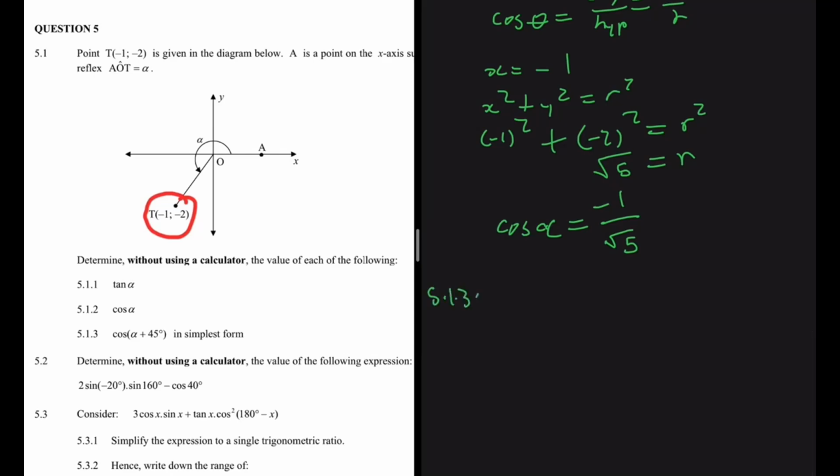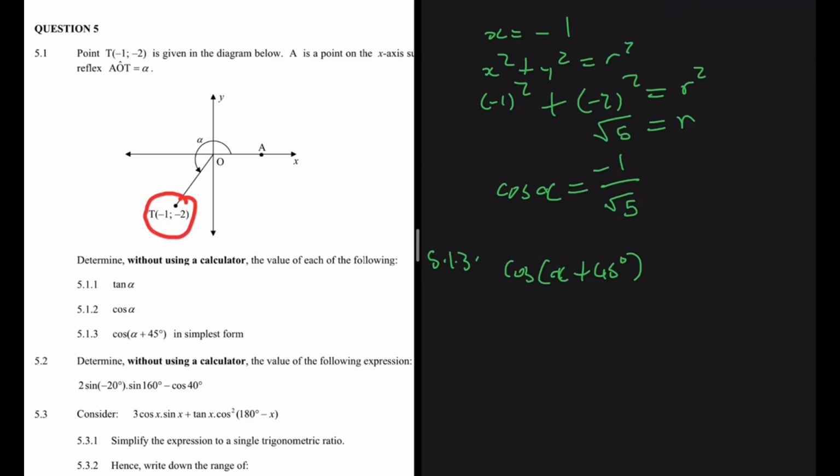And we can move to 5.1.3. So 5.1.3 says cos of alpha plus 45 degrees in its simplest form. Let's not forget, we're supposed to do this without using a calculator, right? Now it will be a good time for you to pull out your trig identities, right? Because we know fully well from definition that cos of A plus B will be equal to cos A multiplied by cos of B minus sine of A multiplied by sine of B, right?